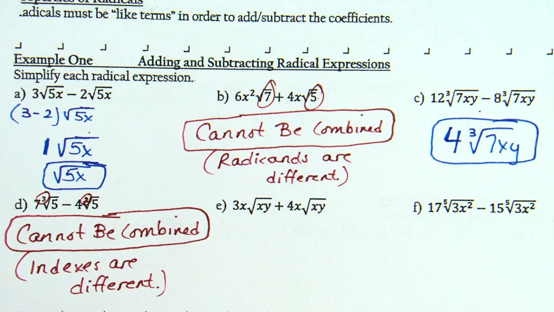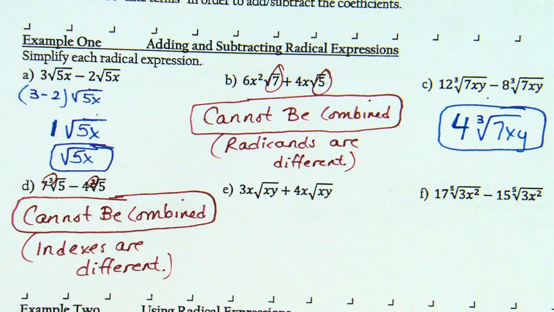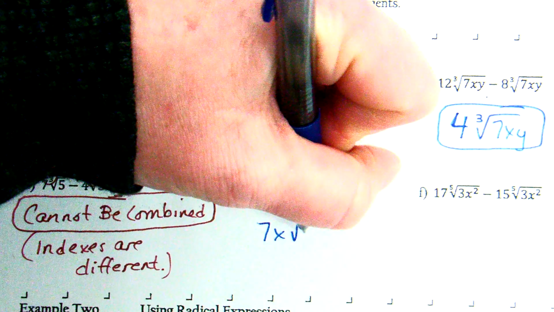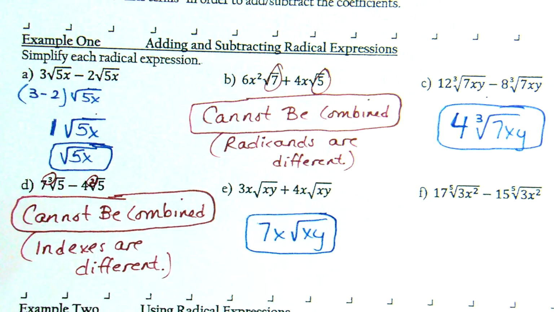3x square root of xy plus 4x square root of xy is 7x square root of xy. 3x plus 4x is 7x, and the radical just tags along.